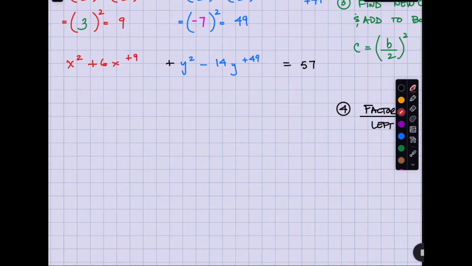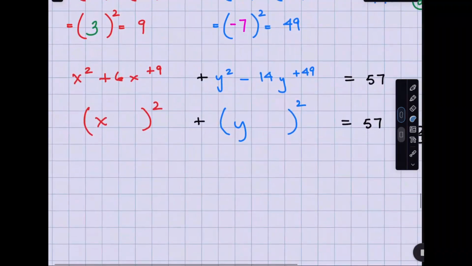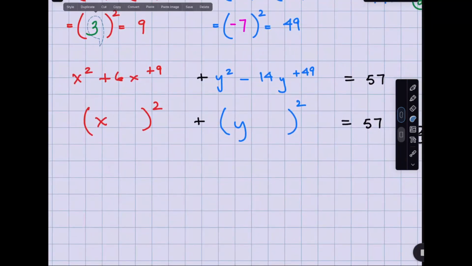So now I have to factor this and factor this. The reason why I tell you to do the work here is because your factoring will already be done.